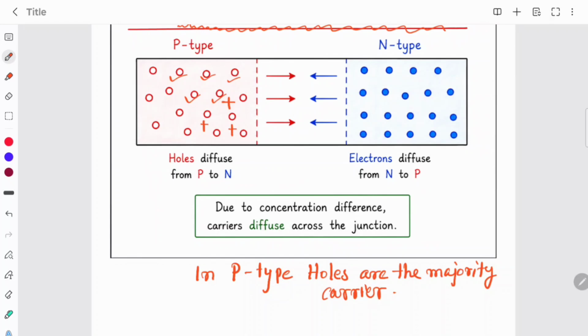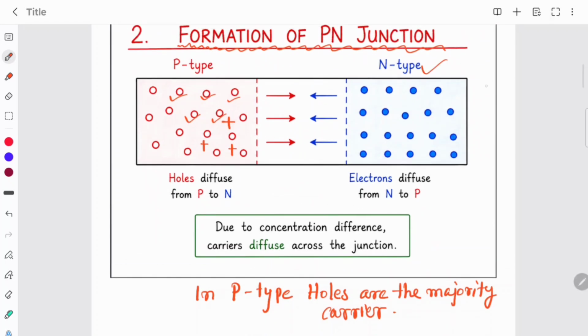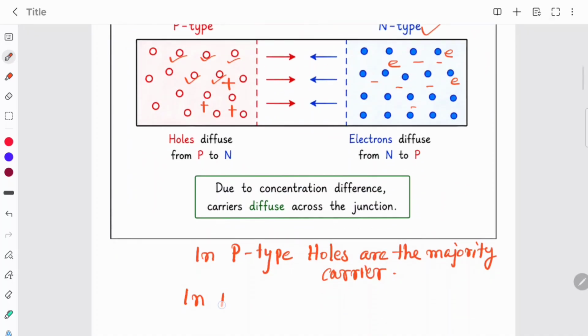And in case of n-type, the electrons are the majority carriers. These are the negative charges. So in n-type, electrons are the majority carriers.